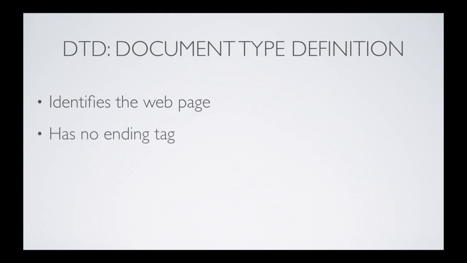The first thing I'd like to talk about is what's called the DTD, or the Document Type Definition, also called the Doc Type Declaration. Now, this identifies the web page as an HTML file. It has no ending tag. It only appears at the very beginning of the document.